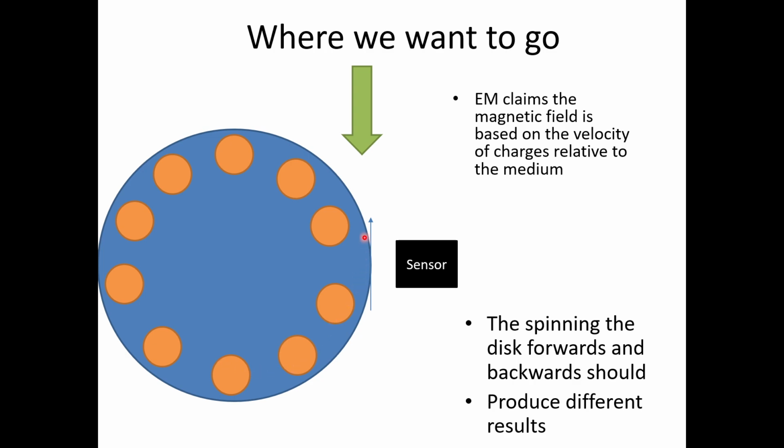If we're spinning it up into the downflowing ether, because the ether, according to ethereal mechanics, should be flowing earthward at 11,000 meters per second, we're going to see a stronger magnetic field. If we change the direction of the wheel, so that it's now moving with the ether, we should see a much lower magnetic sensor reading.